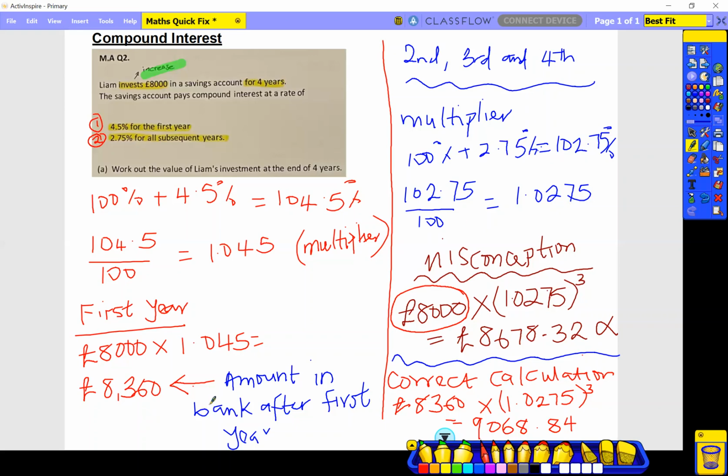And if you multiply that answer by 1.0275 again, it will increase again. And if you multiply that answer by 1.0275, the final answer you will get is 9,068.84, but we're not multiplying in steps by 1.0275. We have used a formula where we just multiply by 1.0275 to the power of 3, and that's the final answer.